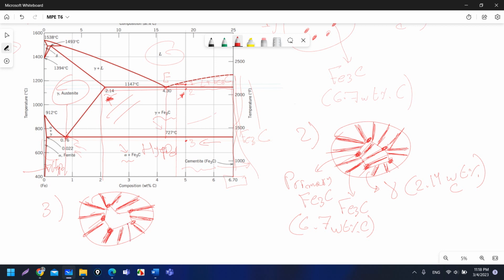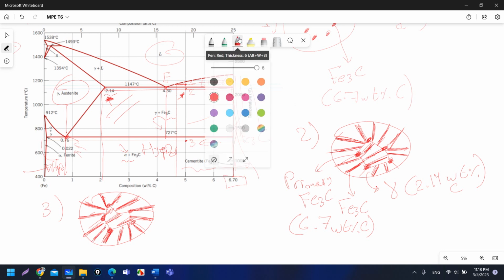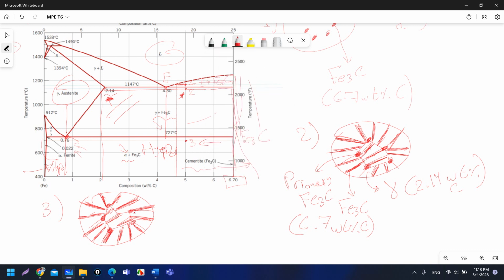And you have to specify in the exam which one is gamma, which one is alpha, which one is cementite, or in the eutectic alloys, which one is liquid, which one is alpha, which one is beta. Okay, so I will just indicate the composition and the phases.